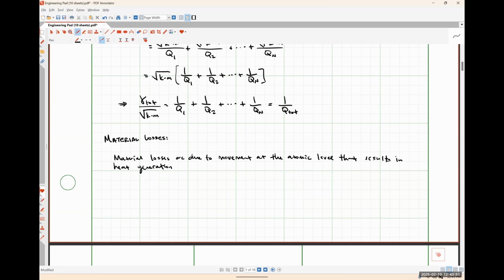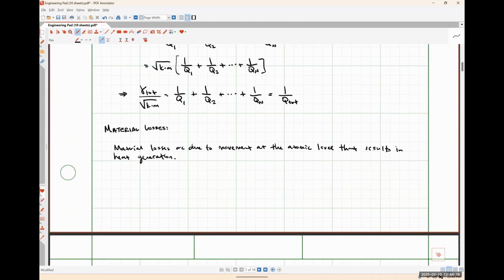So this is essentially an inherent internal friction, and it is going to set the fundamental limit for the maximum attainable quality factor. So this is essentially us accounting for thermal noise in our resonator, right?